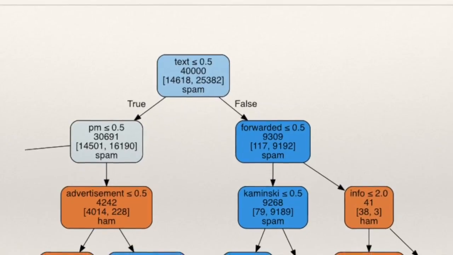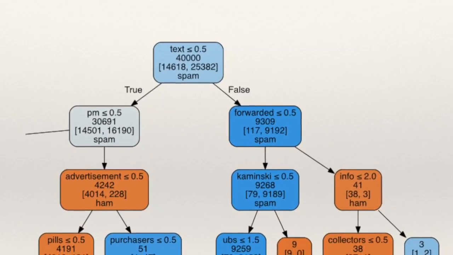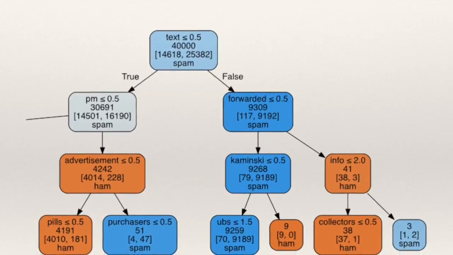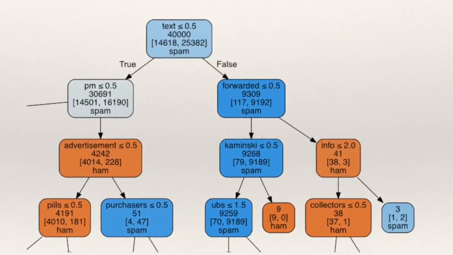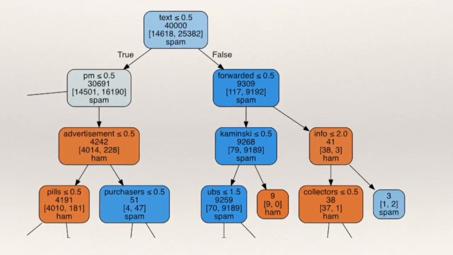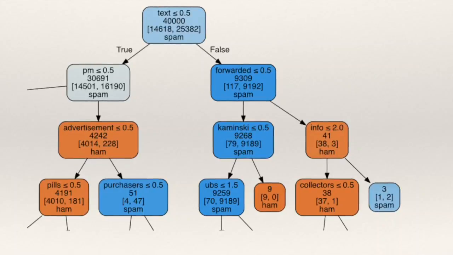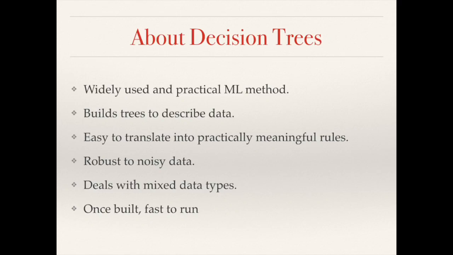Having split the data into two parts, we further investigate each of the parts by examining whether the term PM appears or the word forwarded appears. And so on and so forth until we reach the conclusion whether the message is a spam message or a genuine one. So this is of course a decision tree.